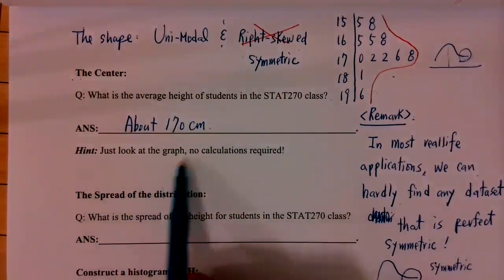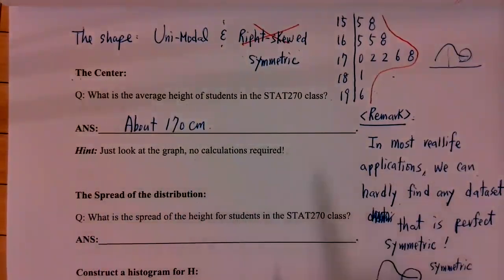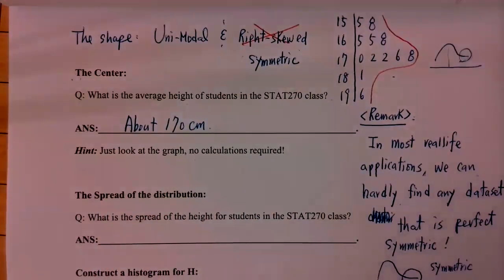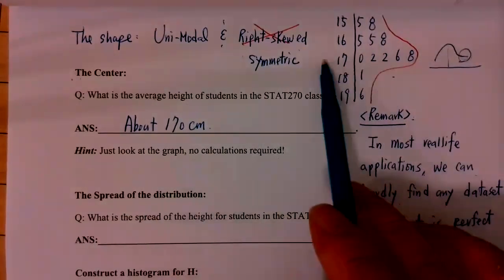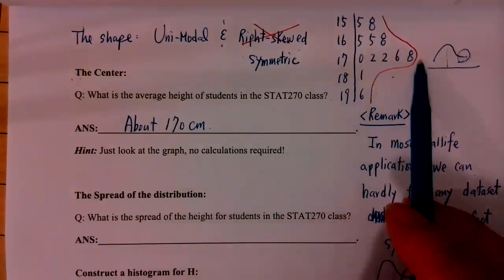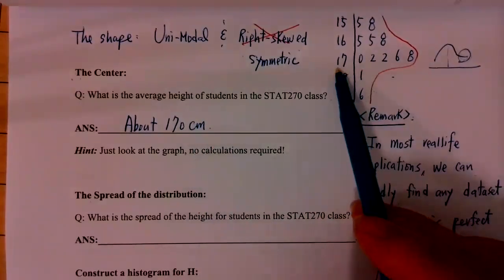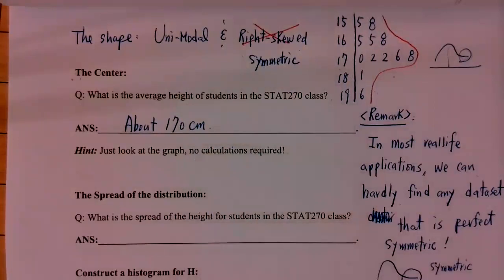Just look at the graph, no calculation required. Remember, when we describe a distribution with a graph, we look for the big picture. Big picture means quick answer, and a quick answer usually doesn't ask for very accurate calculation. Center is here, 170 centimeters. Some people say, Scott, how about I say 172? That's fine too, right? No calculation required.